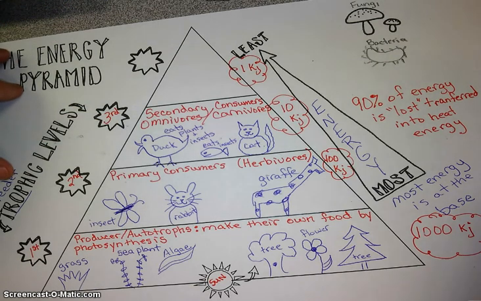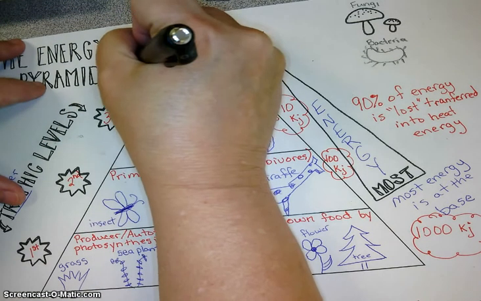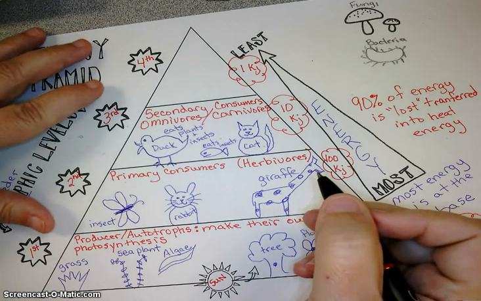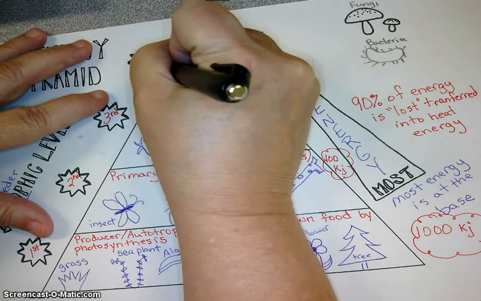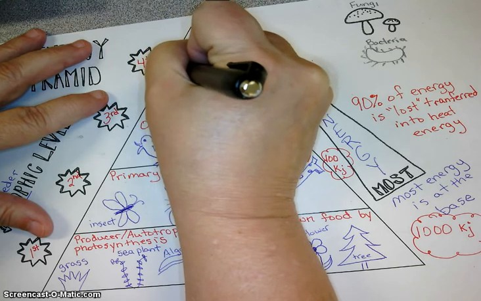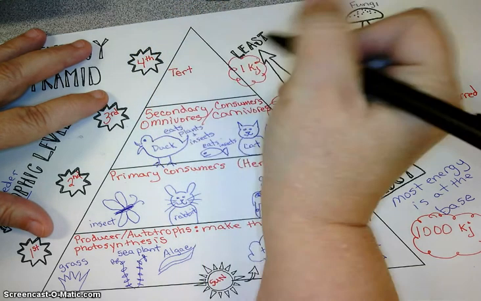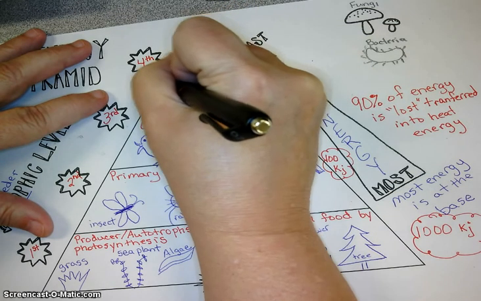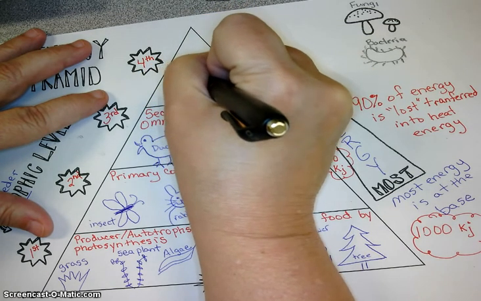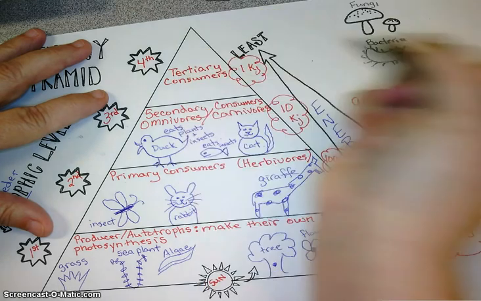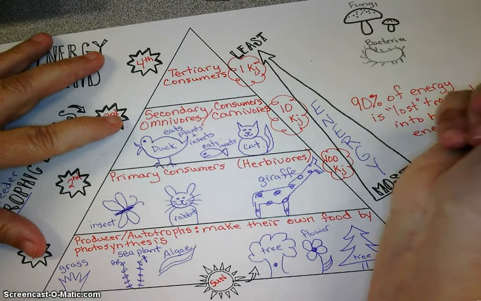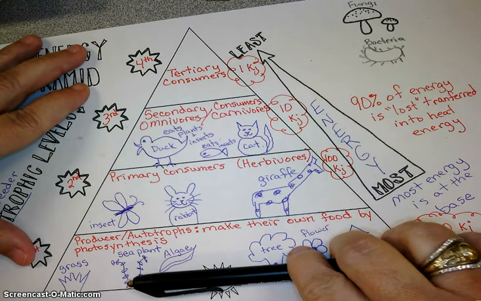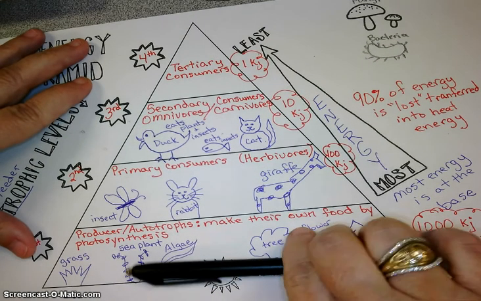Then we move up to the top, and this is our fourth trophic level. It's kind of hard to write all this in there, but I'll try to. These are tertiary consumers. And most of the time, these are carnivores, but realize they eat anything that's below them in the energy pyramid.